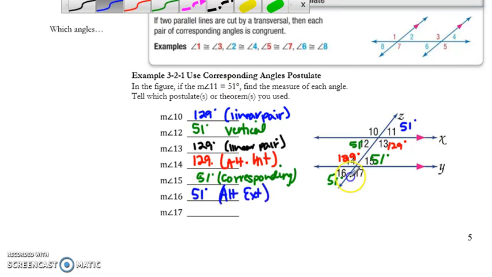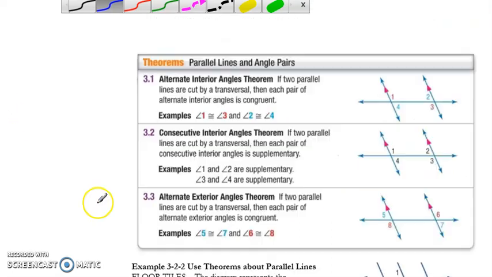And then our last one is going to be 17, and that has to be 129. You could use vertical, you could use linear pair, either one of those. Vertical to angle 14.